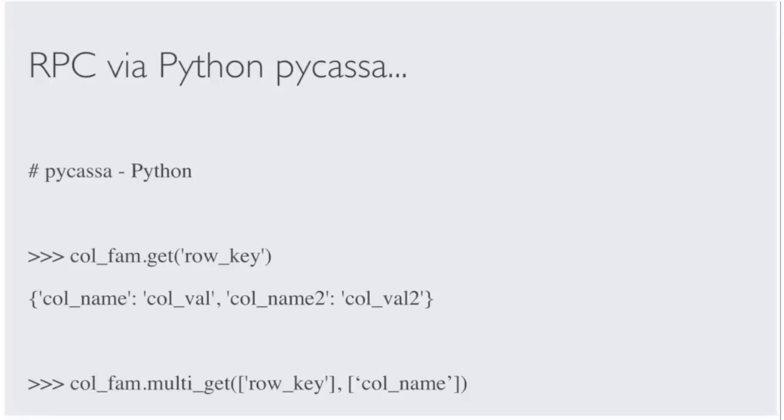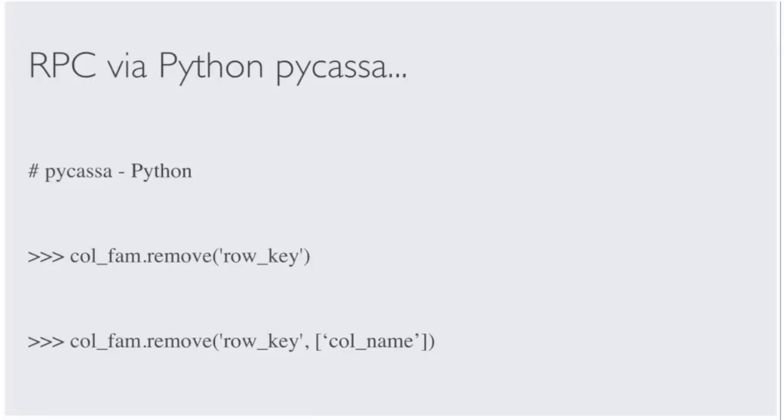If I wanted to do a get, I can get one row just by saying, get me everything on that row, provide the row key, or I can say, hey, do a get, here's the row key, and I just want this column name. I can also do a multi-get there. I can supply lots of row keys and get them all back at the same time. If I want to remove data, I can remove an entire row, or I can remove just a column in a row.